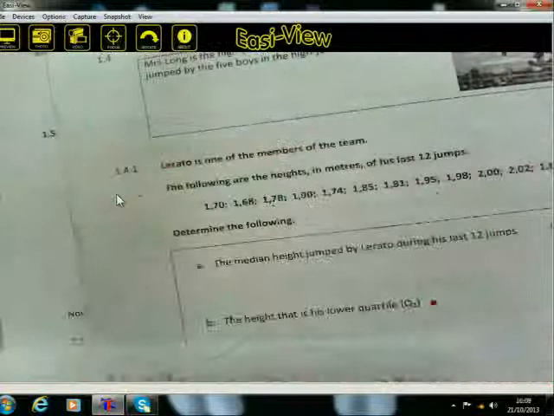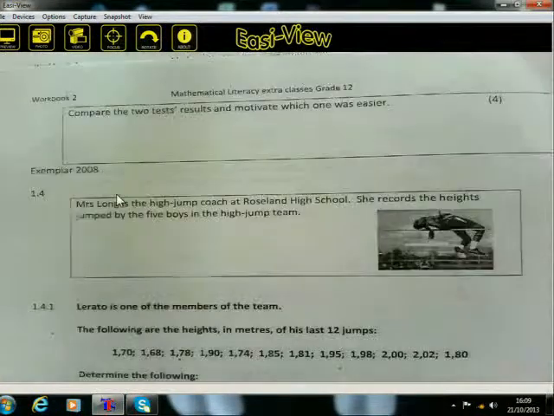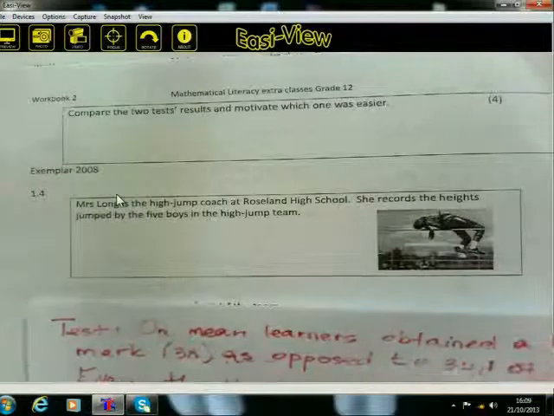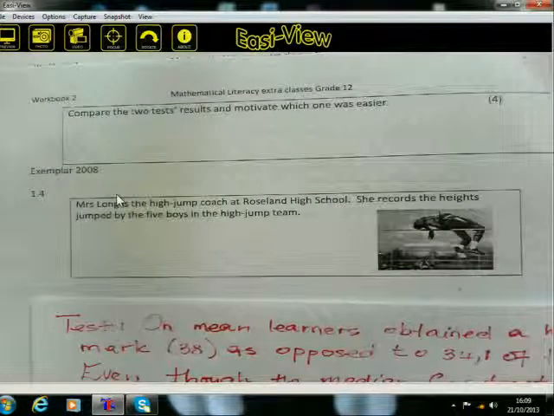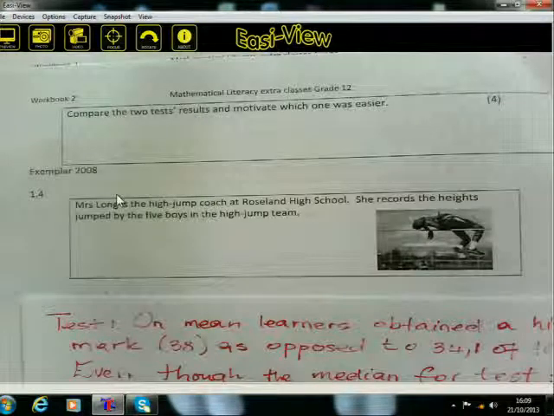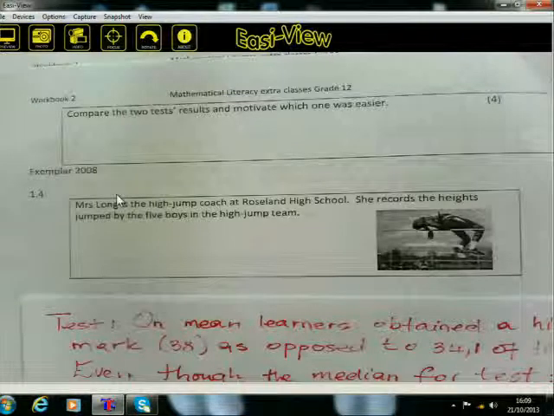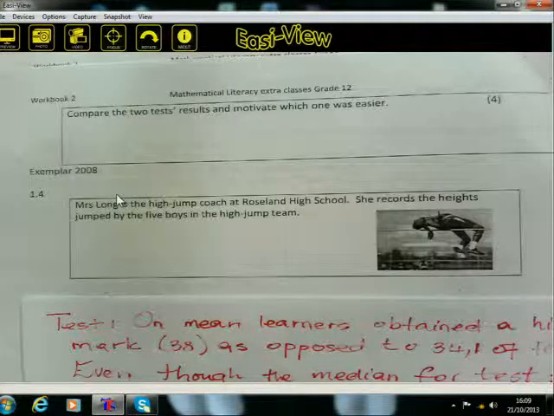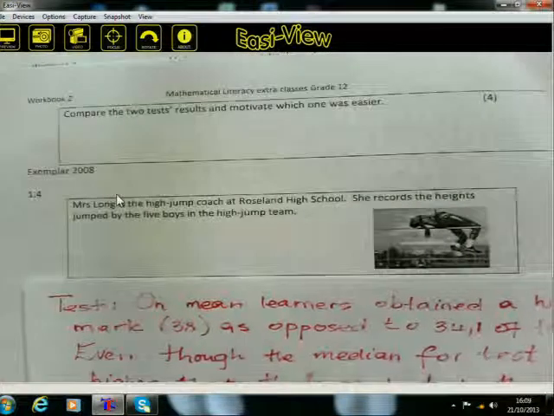Then after finishing that one, we can go to another question. So we'll be moving to 1.4, exemplar 2008. So let us read the given scenario. Let us read it together.